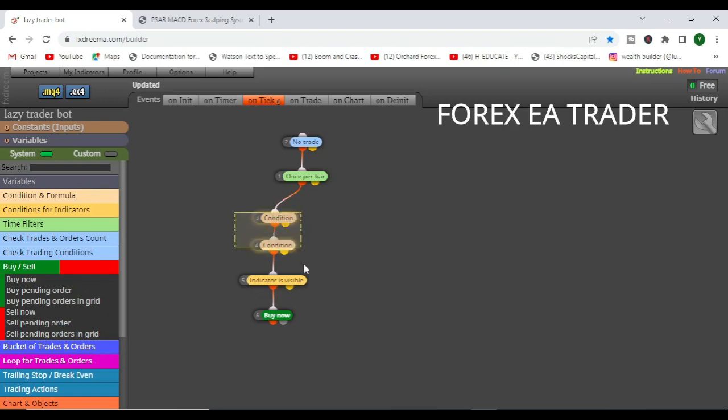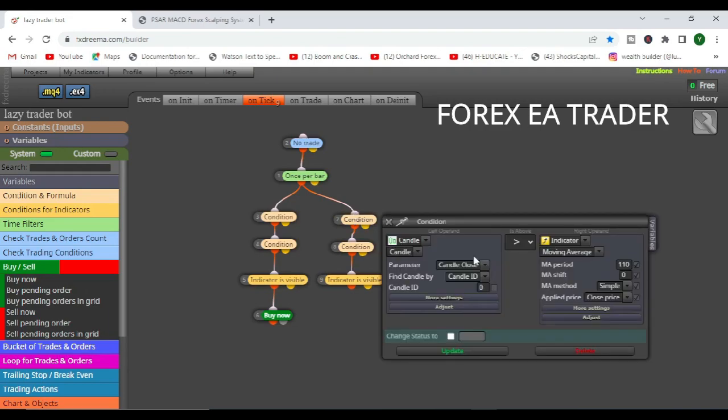Then we are just going to put the conditions for the sells. So we are just going to highlight everything and copy so that we don't start from scratch, and we just paste, and we're just going to link everything like that. And then we're going to double click and go in there.